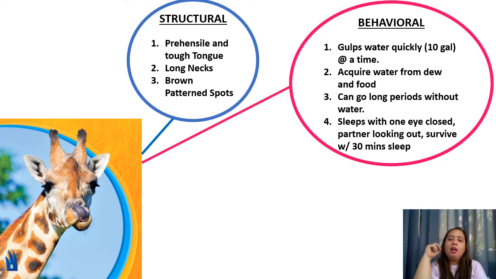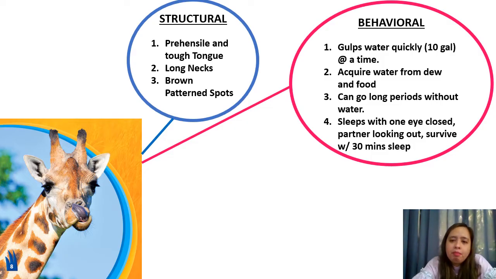So, ang nangyari, they have to gulp a large amount of water at one time. So, 10 gallons agad ang iniinom nila sa isang inuman lang. And structurally, there's something with the backflow. Meron silang part in their neck that prevents the backflow o yung sudden rush of blood pagbaba ng kanilang head.